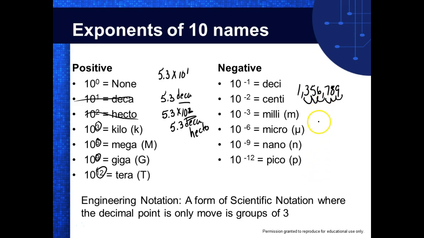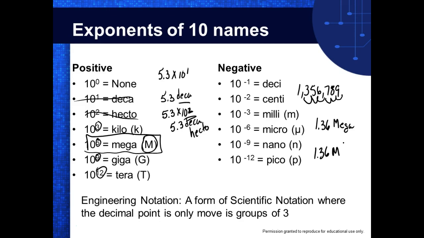Then I would say 1 point, depending on how far you're going to round. Let's round to 2 spots. So I'd say 3, 6. And I moved how many times? 6 times. So I would use mega. Now normally we don't write mega out. This is the abbreviation we use for mega. So I'd say 1.36 here. Everybody okay?